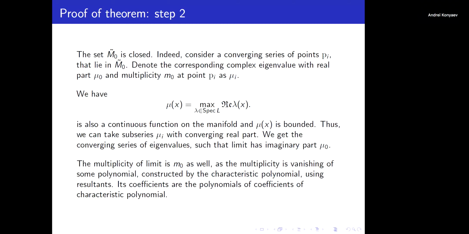Thus, the imaginary part of the limit is the same, but it was obvious because M tilde 0 is a subset of M0, and M0 is closed. But what is important is that the multiplicity is the same. Why? Because the multiplicity of a given eigenvalue is basically the vanishing of some polynomial, as we have already discussed earlier. Lambda has at least multiplicity 2 when it is a common root of f and its derivative.